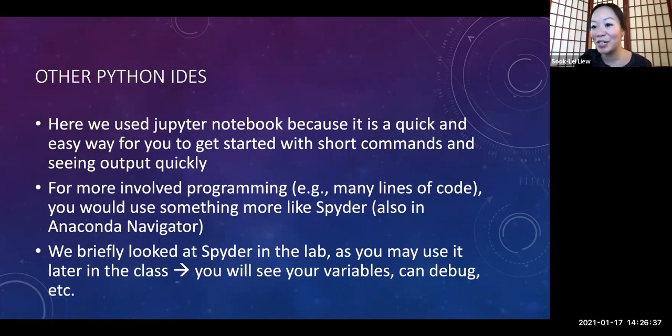All right, so we're coming to the end of the lecture portion. In this case, we use Jupyter Notebook because it's quick and easy for you to get started with short commands and see output quickly. If you decide to get more involved with programming where you have many lines of code, Jupyter Notebook is not your best option, and you would use something more like Spyder, which we talked about and which is also in Anaconda Navigator, because it will let you type multiple lines of code all together.